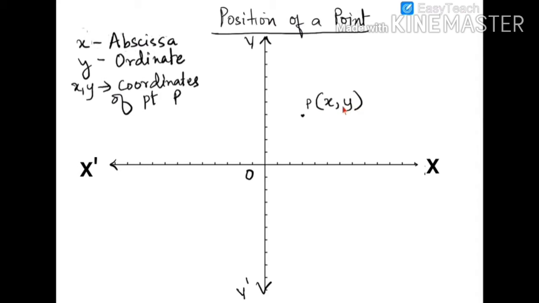So this is the order of writing the coordinates, and that is why we enclose these numbers inside a bracket and call this an ordered pair.